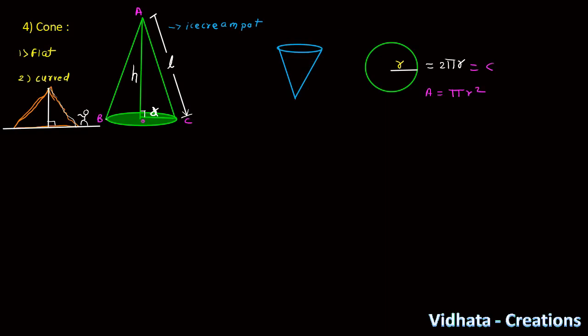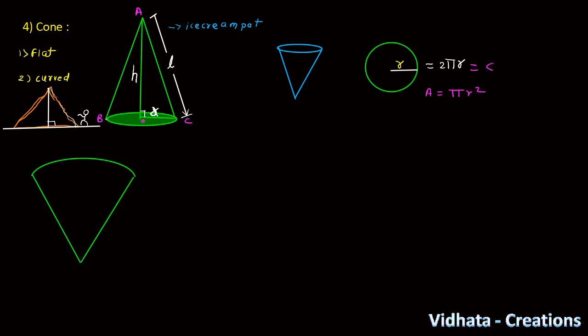That is interesting. When you cut the cone and flatten it on the ground, you will get a shape like this. It is not in the form of a triangle. You think that you will get a triangle, but it is not. It is this type of shape.